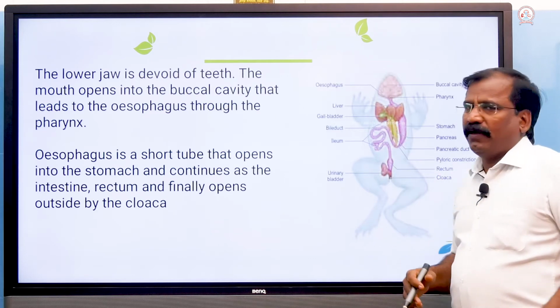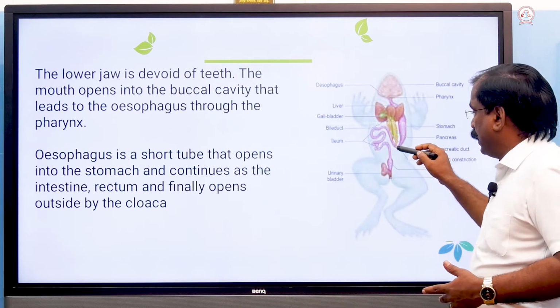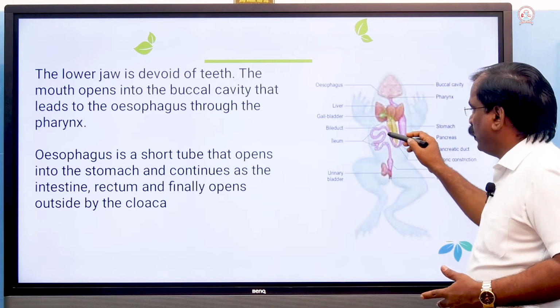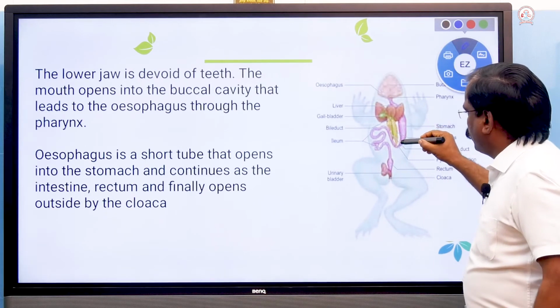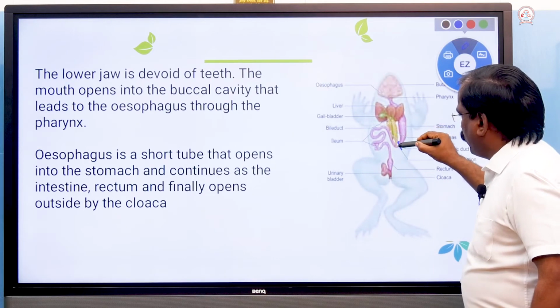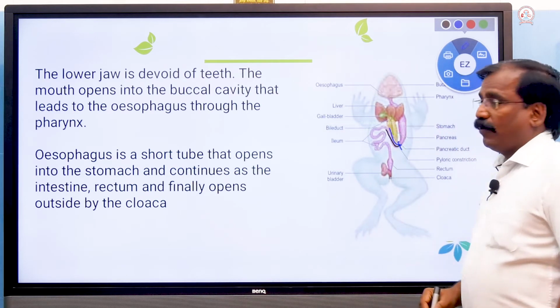The small intestine is divided into the U-shaped duodenum, then the ileum and rectum. This is the stomach, and after the stomach is the small intestine. The U-shaped region is the duodenum.